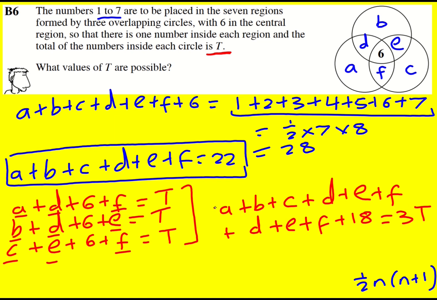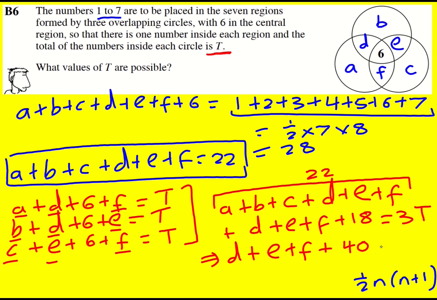The reason I've set this up like that is that this, remember, is 22. So I can rearrange this. This implies that D plus E plus F plus 40 is equal to 3t. And now we can use this relationship to get some conditions on t.